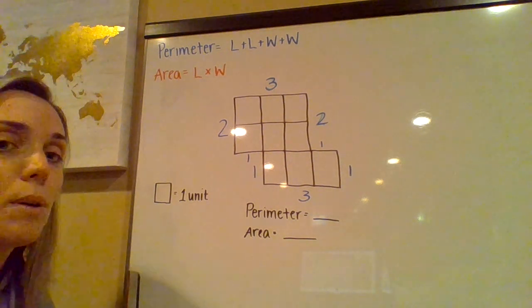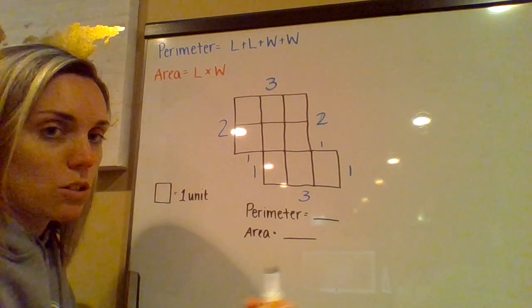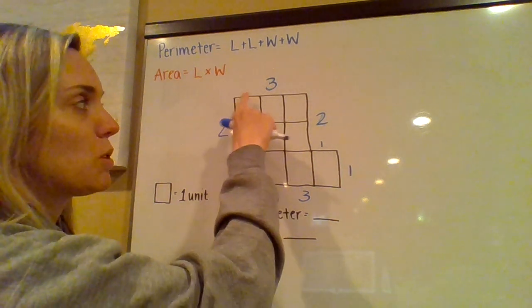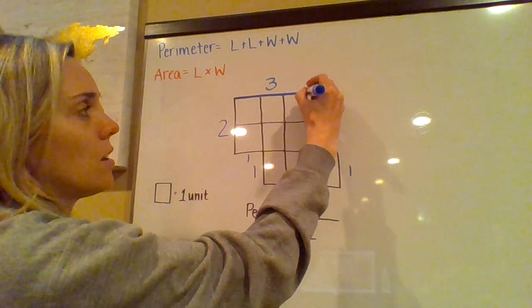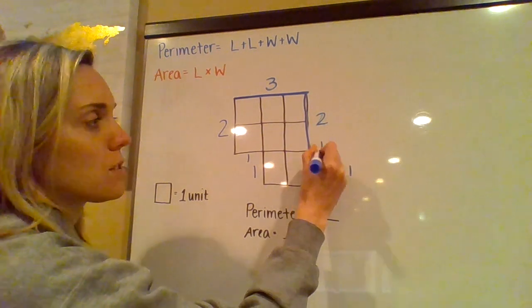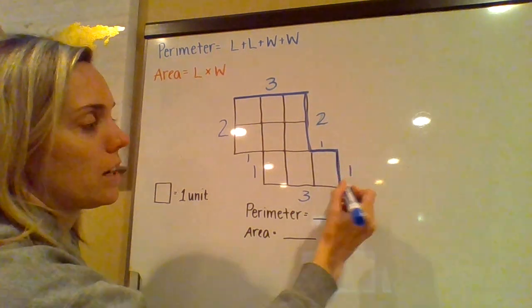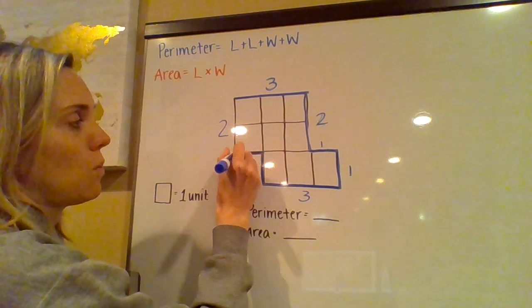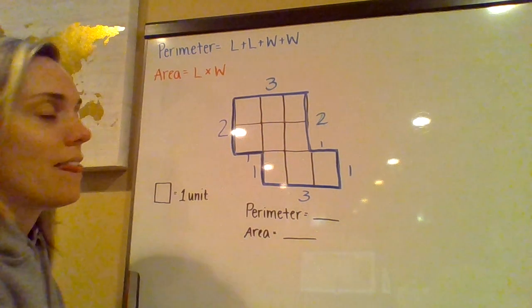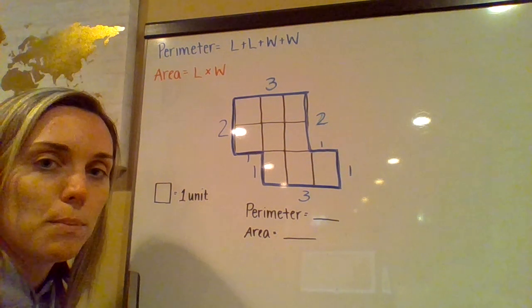So to find the perimeter, I have to outline it. Sometimes it's good to use your pencil. Now you're going to be doing it on the computer, so you could use your hand if you want. So I have to do 3 plus 2 plus 1 plus 1 plus 3 plus 1 plus 1 plus 2. That's how I would find the perimeter.